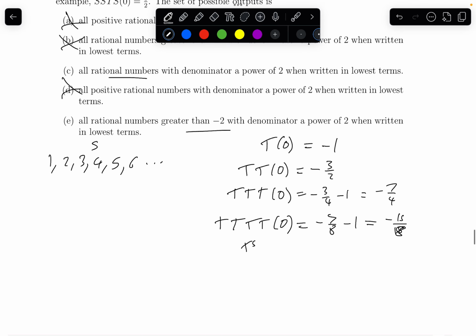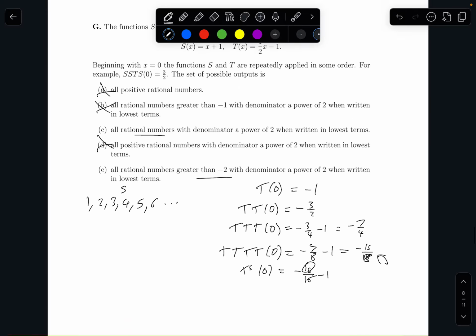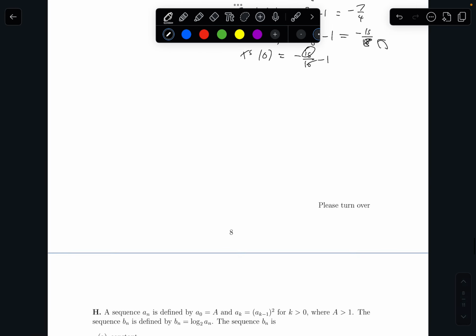So if we do T to 5 of 0, it equals minus 15 over 16 minus 1. Well, this is just going to keep going. The powers of 2 are going to increase, but this is never going to get bigger than 2. So, yeah. So, T.